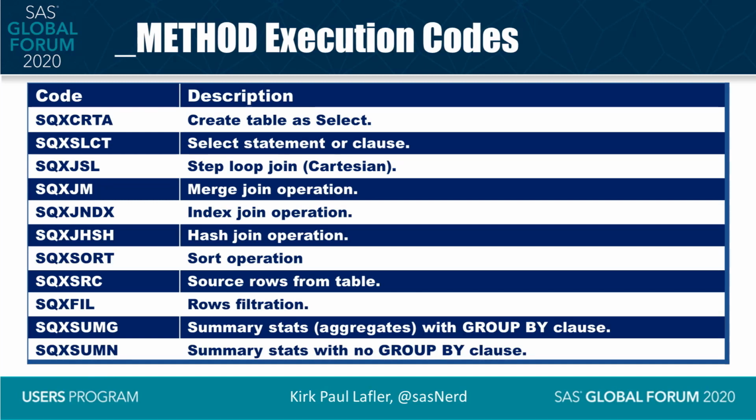These can be extremely helpful in helping you better understand what the SQL optimizer has done with the query that you've executed. And again, I list these codes with a brief description of what each code means. Now you may see one, two, or more of these codes. So become familiar with the _method option and it would be very helpful.